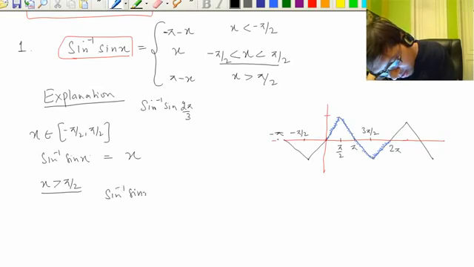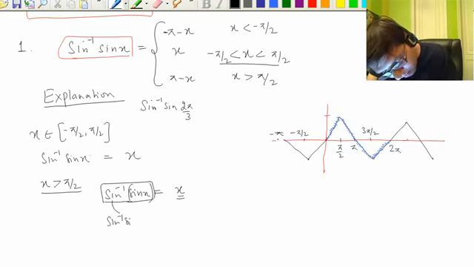But if x is greater than pi by 2, and you repeat the same thing, saying sine inverse sine x is equal to x, then it is wrong, because x is greater than pi by 2, and sine inverse x is a function giving a value which cannot be more than pi by 2. For example, sine inverse sine 2 pi by 3: if you say it is 2 pi by 3, it is wrong.